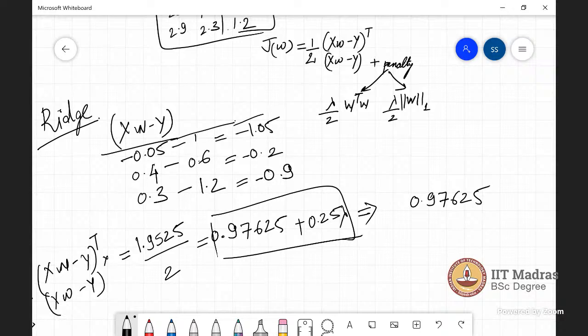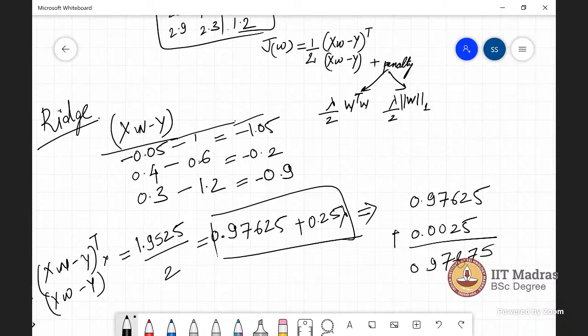So this will turn out to be 0.97625 plus 0.0025. So this will be 1.00125. Is this correct?